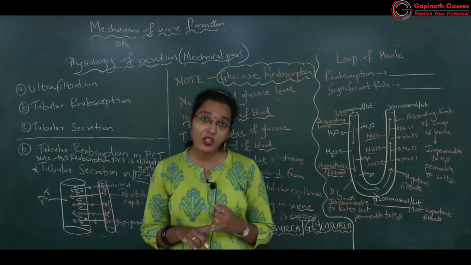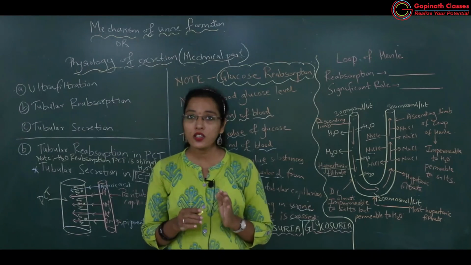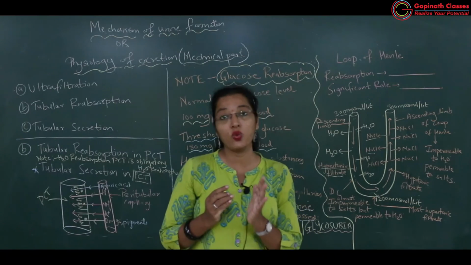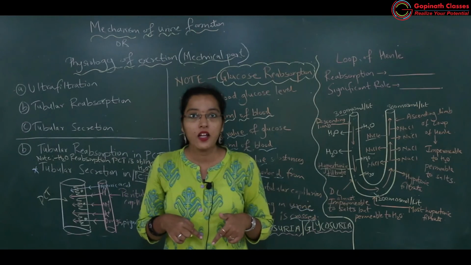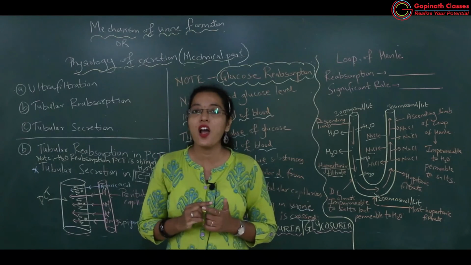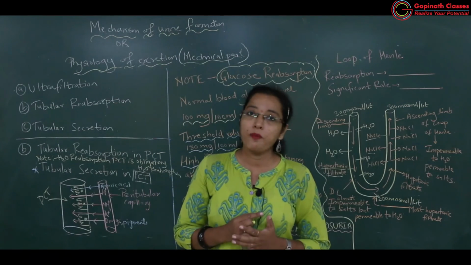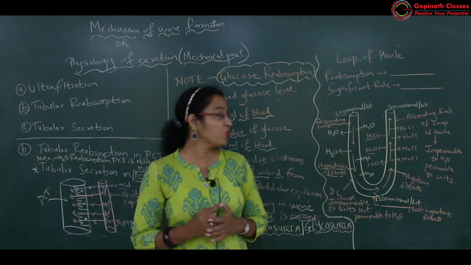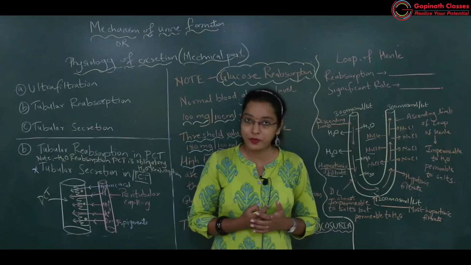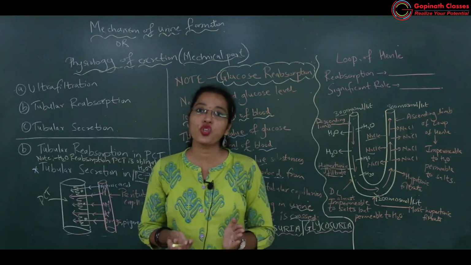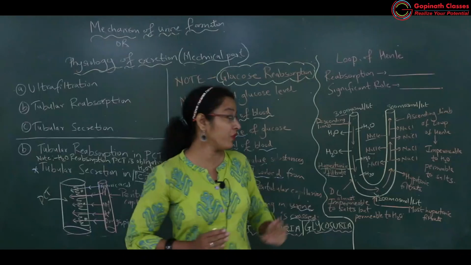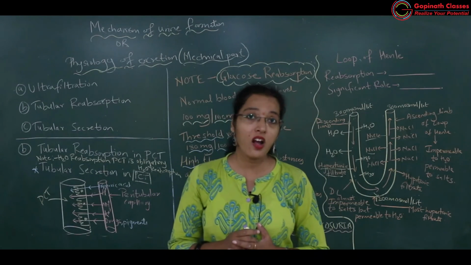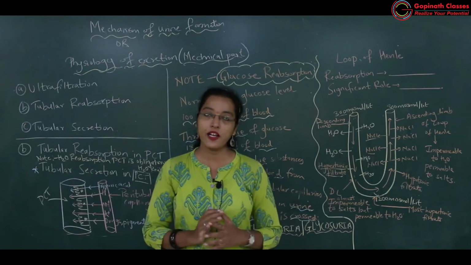Juxtamedullary nephrons are present in the inner side of the medulla. We studied juxtamedullary nephrons; their loop of Henle is very long and it has vasa recta. And what is the main function of the juxtamedullary nephron? It is involved in concentrating the urine. It helps increase the concentration of urine, because exchange of ions will take place between the tubules of the loop of Henle and the vasa recta. The exchange of ions happens in the limbs of the vasa recta.